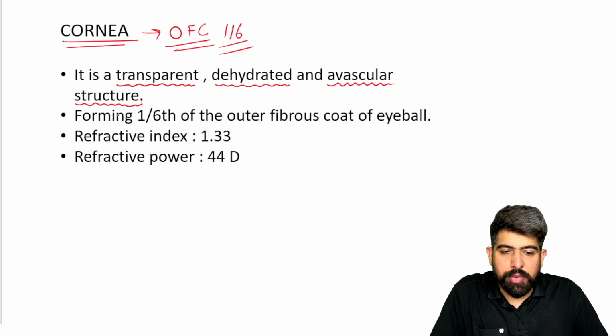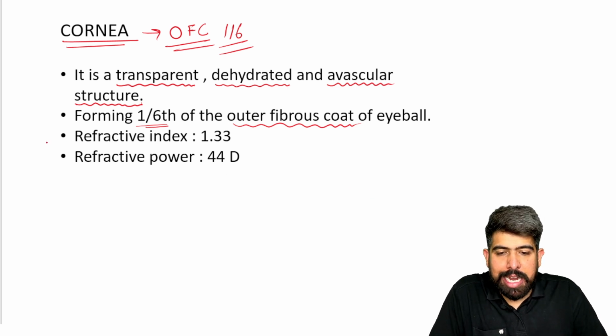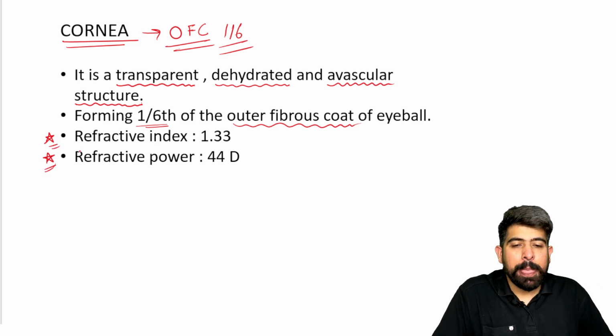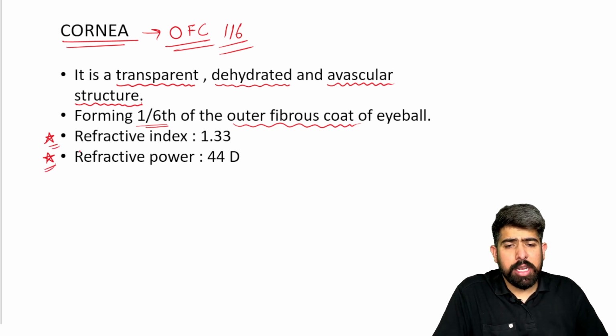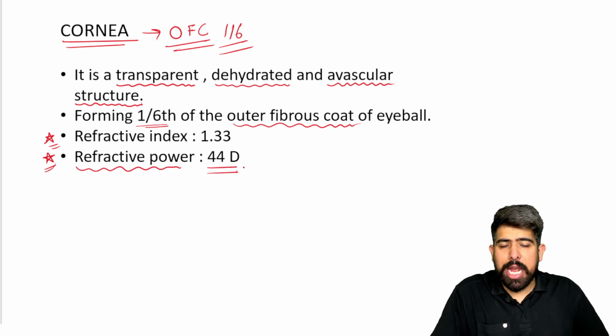It forms one-sixth of the outer fibrous coat of the eyeball, as we already talked about. Two important things to discuss are the refractive power of the cornea and the refractive index of the cornea. The refractive power of your cornea is 44 diopter.